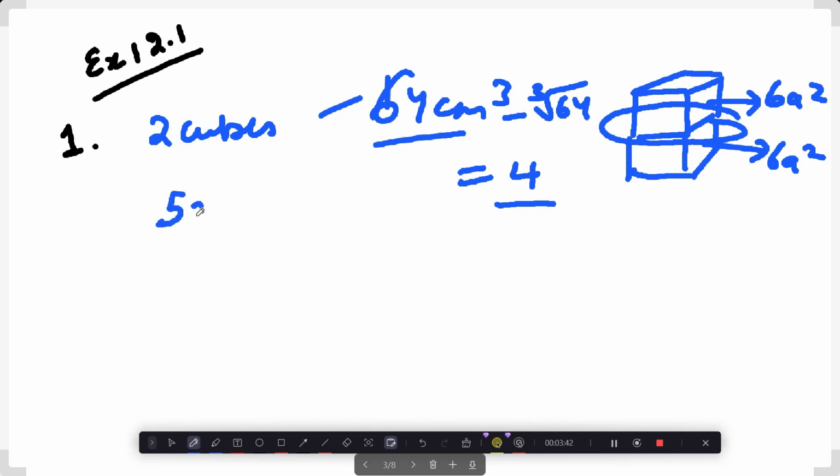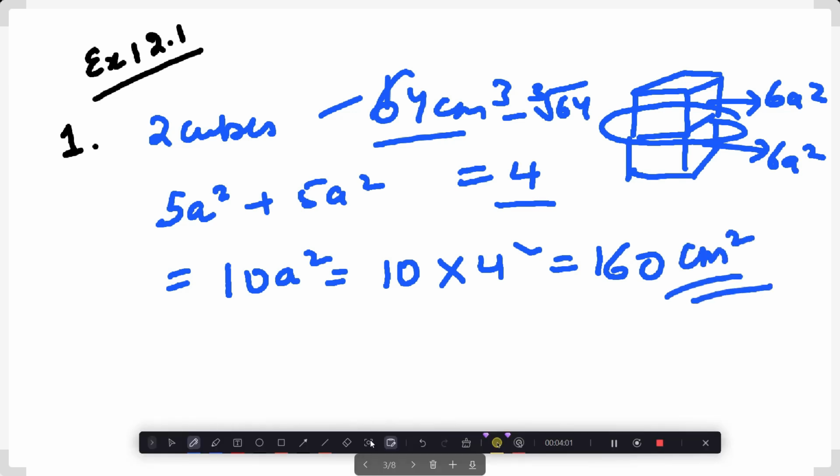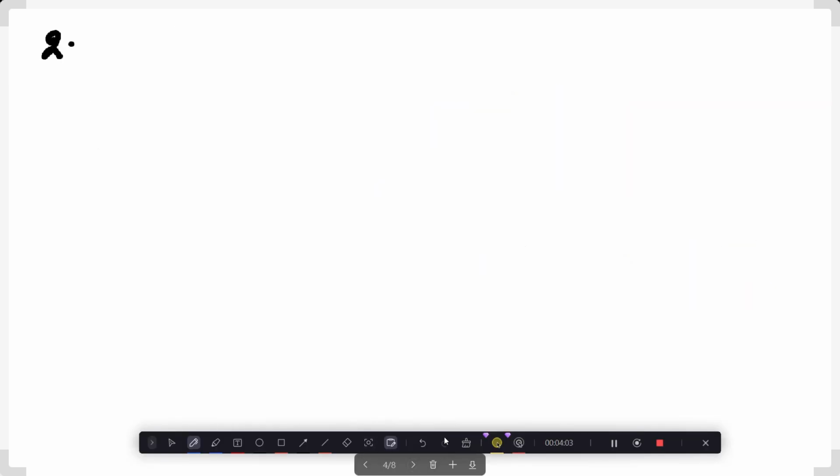So it will be 5a square plus 5a square, which is 10a square. That is 10 into 4 square, which is 160 centimeter square.